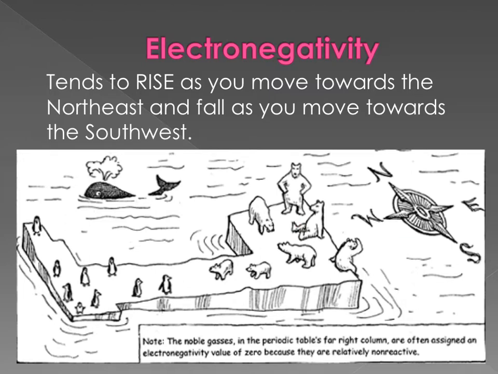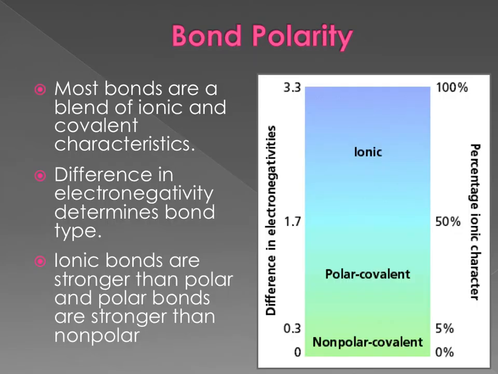Here's a compass. The top right corner, the northeast corner, has very high electronegativity values, a high tendency to attract electrons toward themselves. These ones are large polar bears, and then down over here we have small little penguins. These have very low electronegativity values.